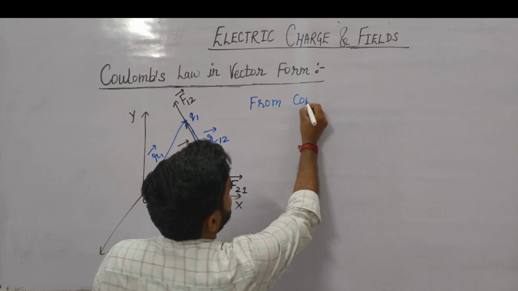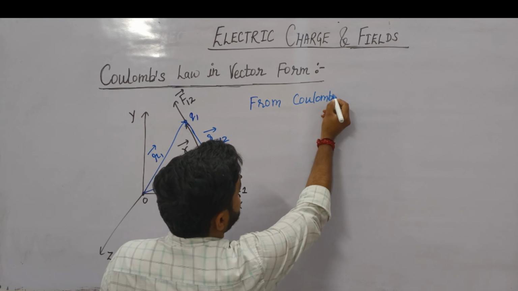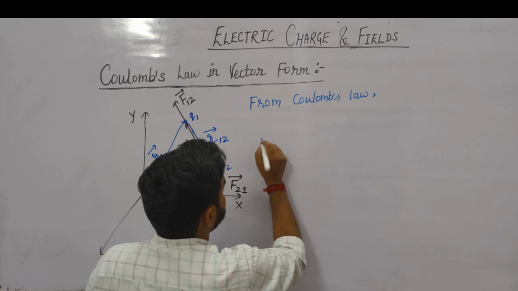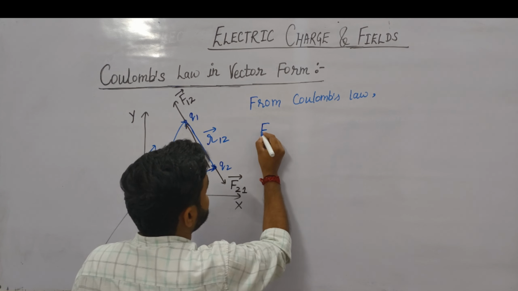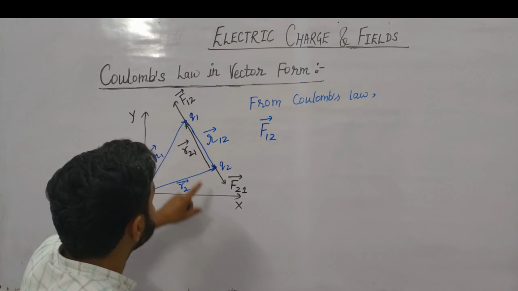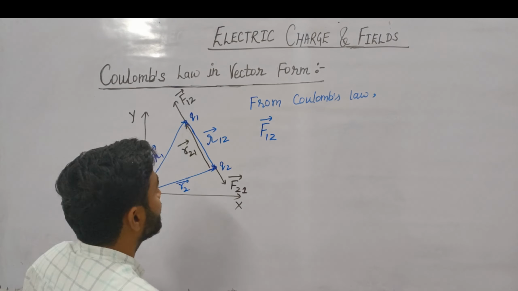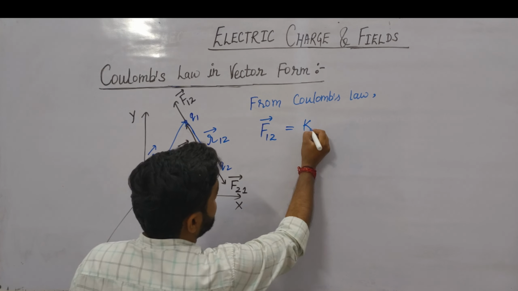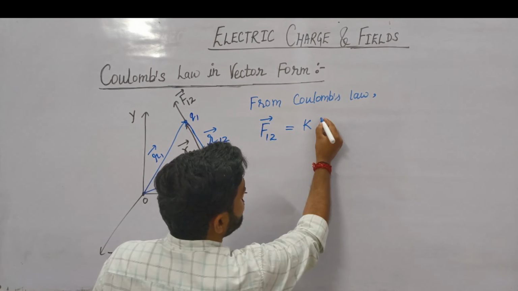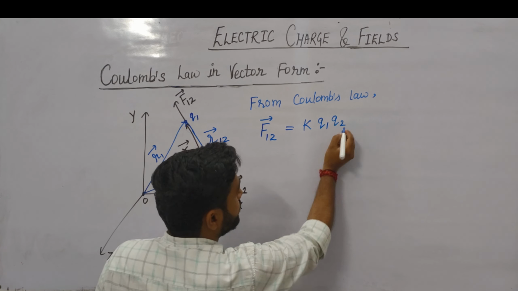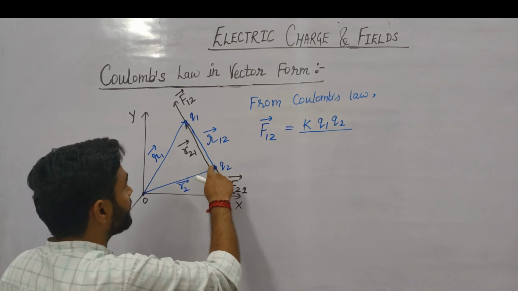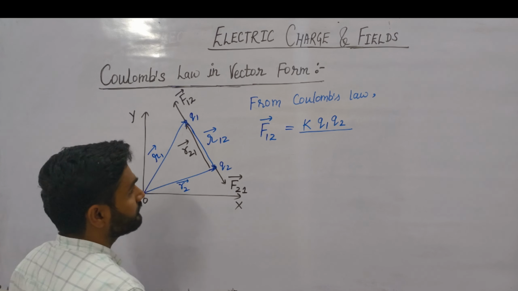Now from Coulomb's law, F12 vector is equal to K multiplied by the magnitude of both charges, so here Q1 and Q2, divided by the distance between them.